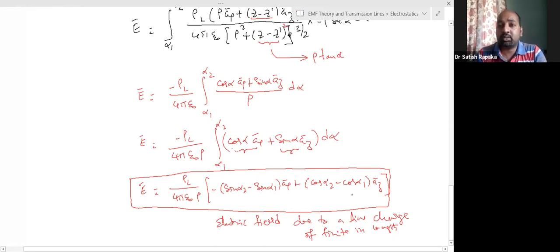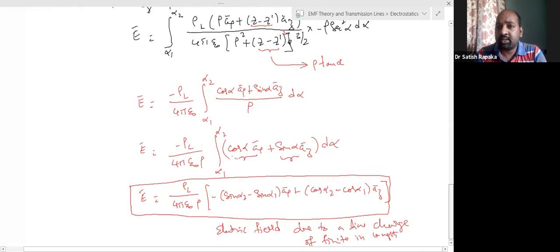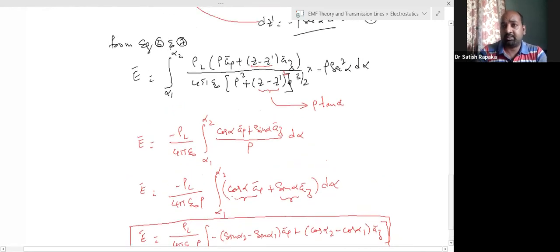Because the derivation is somewhat complex, I will explain it once again in the next class. No need to worry about it. But it is a very important derivation. Definitely, you will get this question in the exam. So the derivation is very important, and you need to go through it.